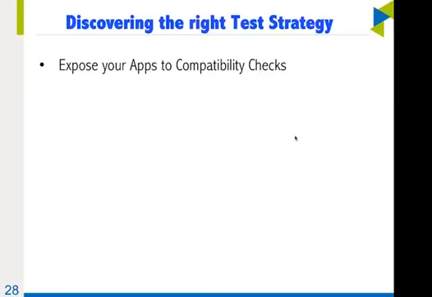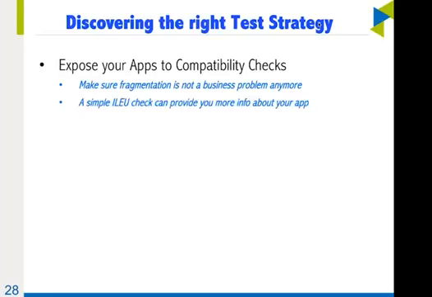It should be performed on all mobile apps that you test. The goal of compatibility testing is that fragmentation should not be a business problem. The business should feel confident that whenever I'm launching my app, it should work fine on each and every device. A simple ILU check can provide you more info about your app.